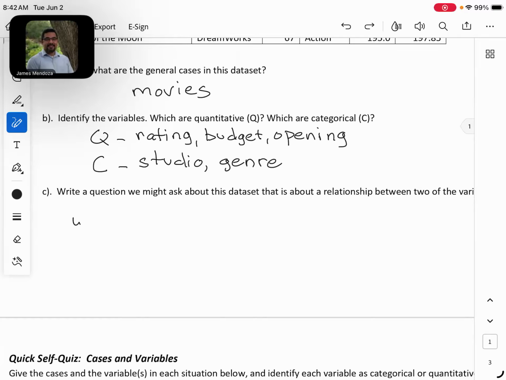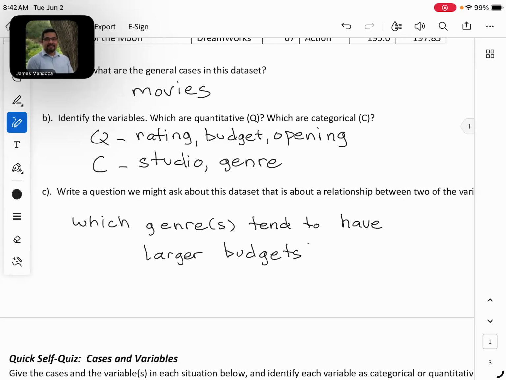So I'm going to go with a question like, which genre or genres tend to have larger budgets? And again, for that type of question, you would have to look at the column of the different types of movies and then also look at the budgets.